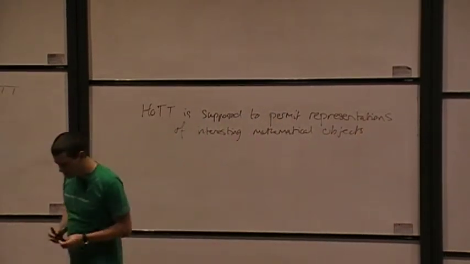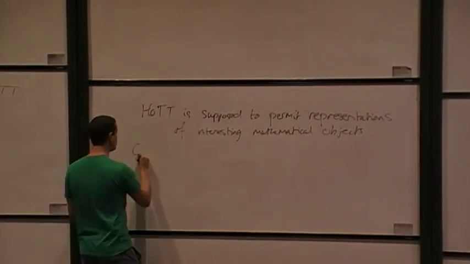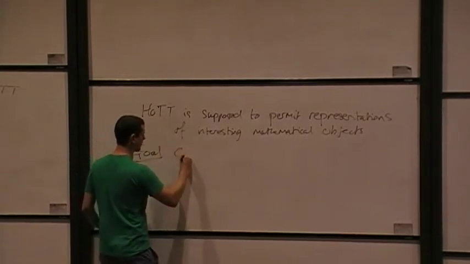So, I'm a mathematician, I'm interested in categories. I hope I can persuade you to agree that categories are interesting mathematical objects. I wanted to represent them in homotopy type theory. So, goal, categories.